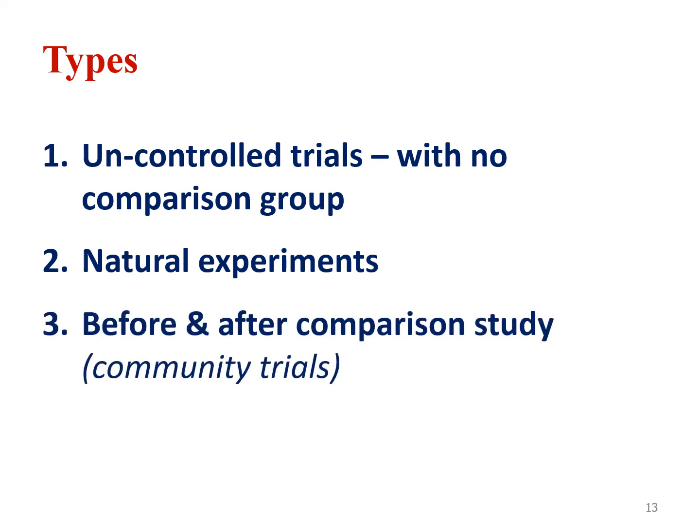Third one is before and after comparison studies. These are community trials and are of two types. Number one is before and after comparison without control. For example, in it, the researcher finds out and compares incidence of disease before and after introduction of a preventive measure.